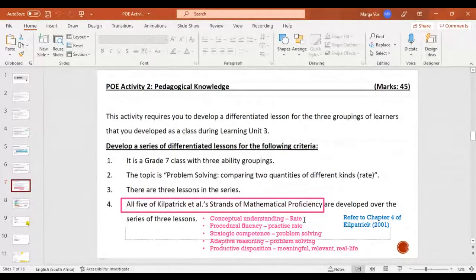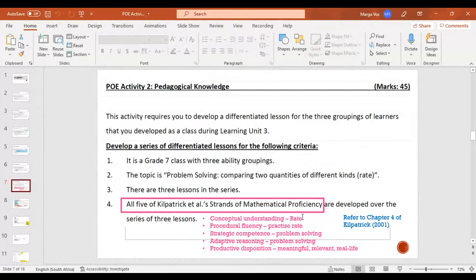So that can be a whole lesson on the concept and the procedural fluency, where you start practicing with rate. In your intro lesson, you can use both those strands. So in your actual teaching and learning phase lesson, you can use procedural fluency again, and then strategic competence, where you indeed use problem solving as a teaching strategy.